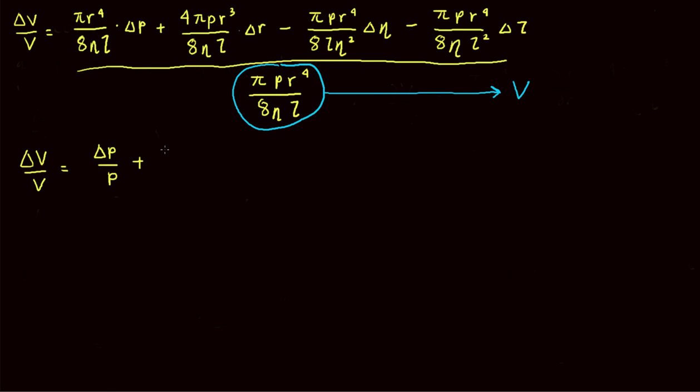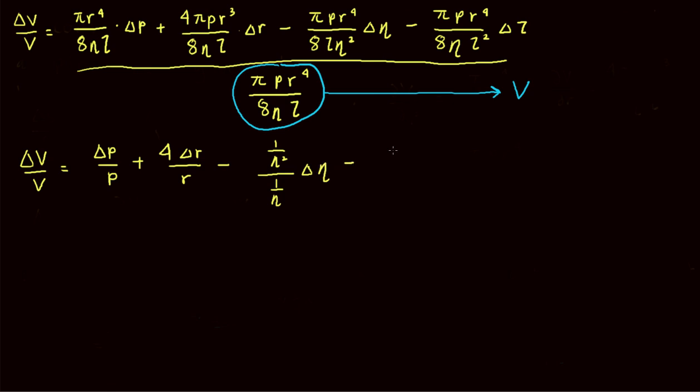And then this is simply 4 delta R over R. Minus, now for delta nu, you can cancel out the top, but for the bottom, interestingly, you still have 1 over nu squared over 1 over nu, because everything else is cancelled out, and you have delta nu.